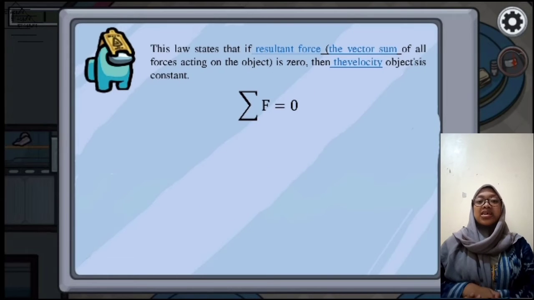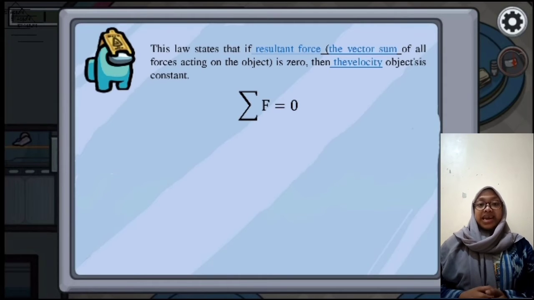Okay, next. This law states that if the resultant force, or the vector sum of all forces acting on an object, is 0, then the velocity of the object is constant. Formula: sigma F equals 0, which has two meanings. 1.